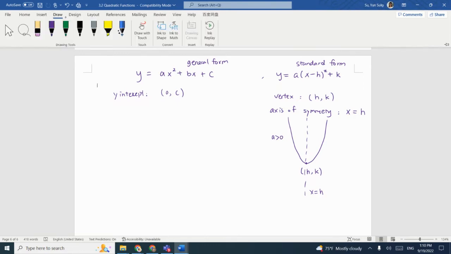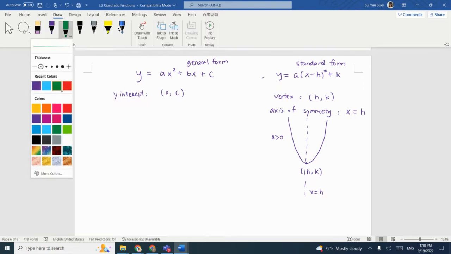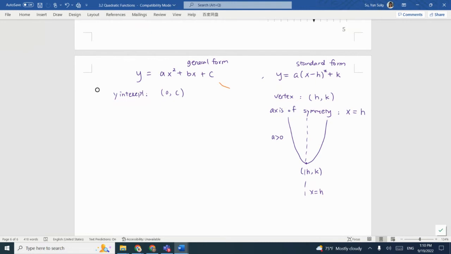The formula is, okay, so we have from here to here, h equals negative b over 2a, right? And the k is f of h. So far, so good, everybody?